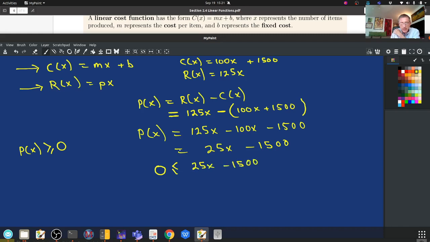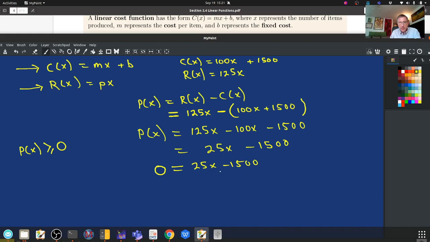Now if you want, the break-even point is when our cost equals our revenue, and our profit is 0. So if you wanted, you could just solve this as 0 equals 25x minus 1,500.